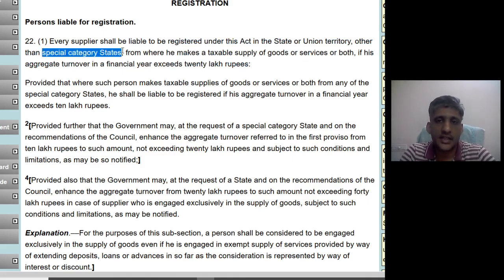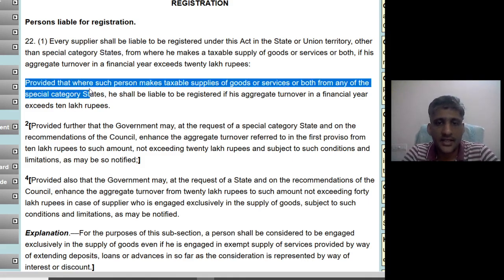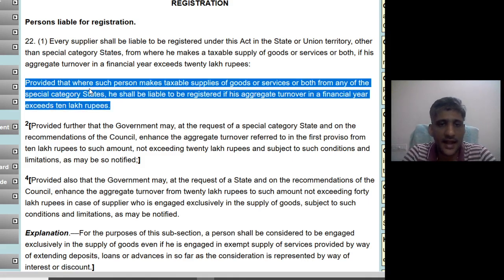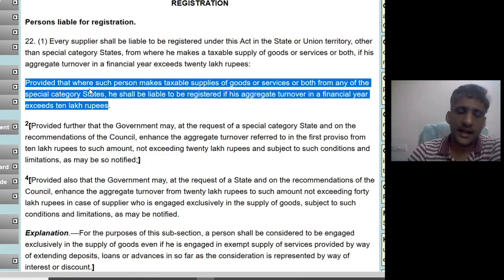So for special category states, what will be the aggregate turnover limit? Provided that where such person makes taxable supplies of goods or services or both from any special category state, he shall be liable to be registered if his aggregate turnover in a financial year exceeds 10 lakh rupees. Okay. So if it is normal states, it is 20 lakhs. If it is special category states, it is 10 lakhs.